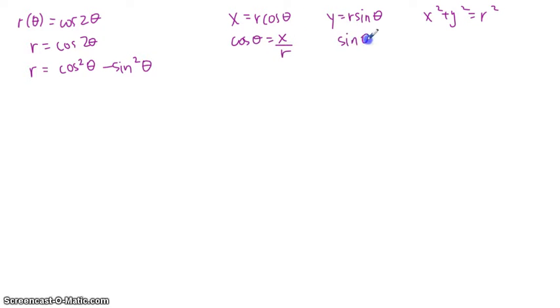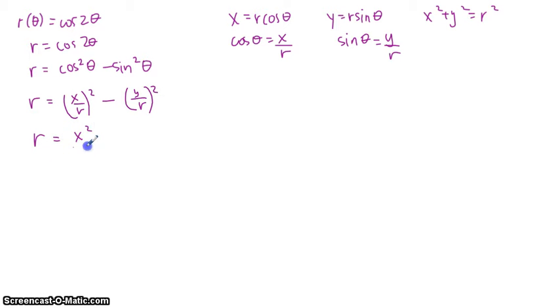And sine theta I can solve for here and get y over r. So in this case, what does that mean? It means cosine squared theta is going to give me x over r squared minus sine squared theta, y over r squared. Now in this case, r is equal to x squared minus y squared, all over r squared.